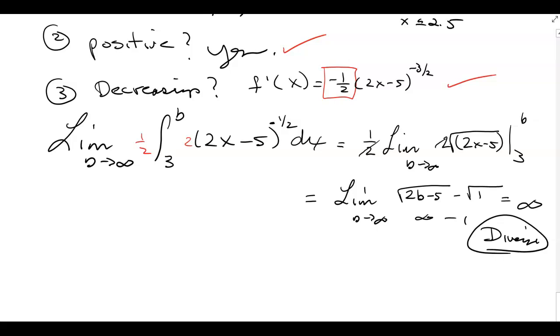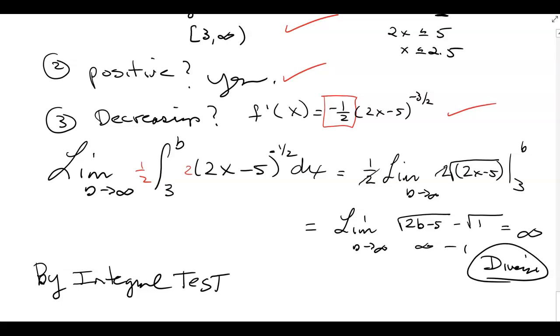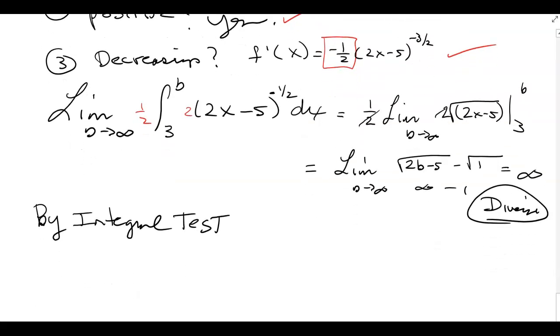And then our final statement is to say, by the integral test. And you can only say this now because you've already shown me the checklist that I could use the integral test.